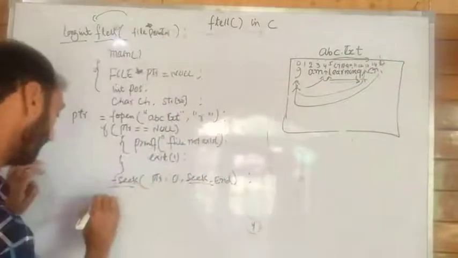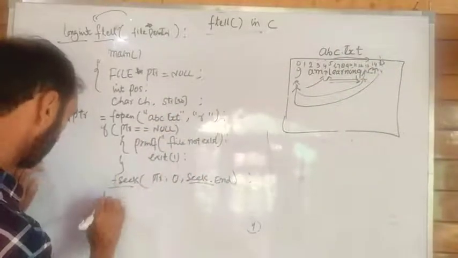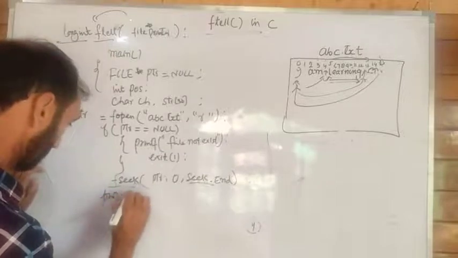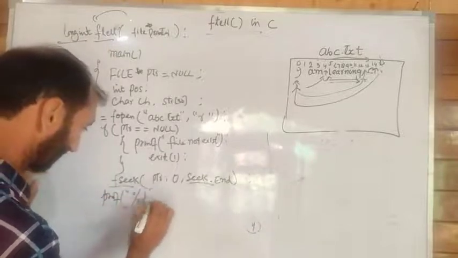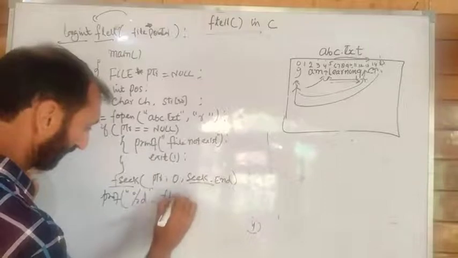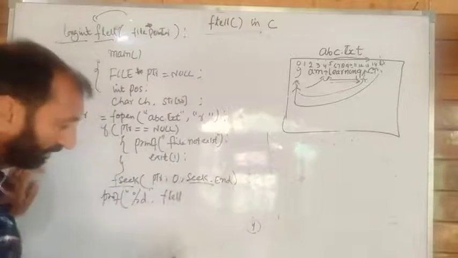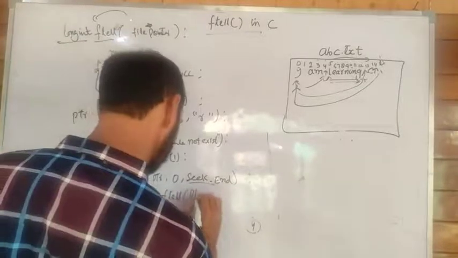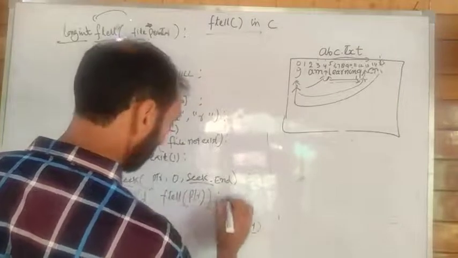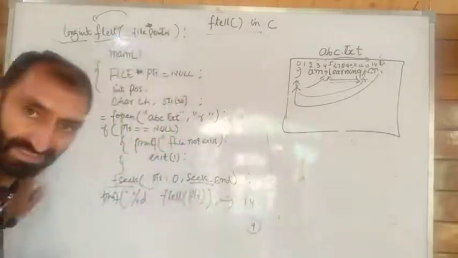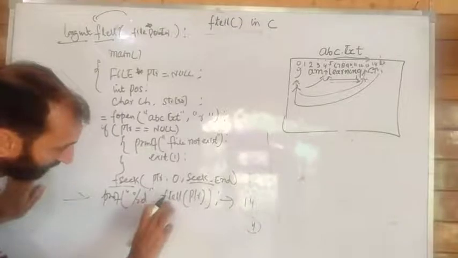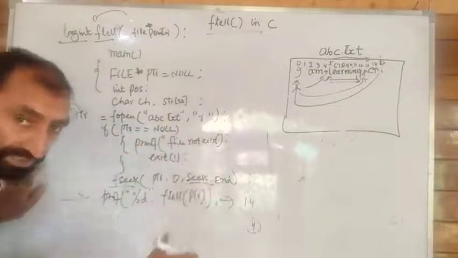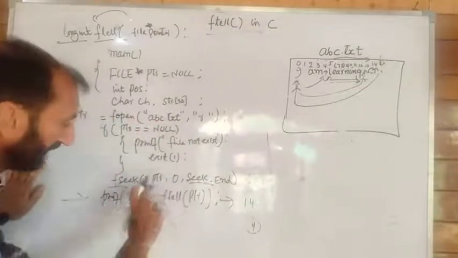Now we want to print, simply we will write printf, %d, ftell, ptr, and that is it. It will print 14, because this function will print the current position of the file pointer.